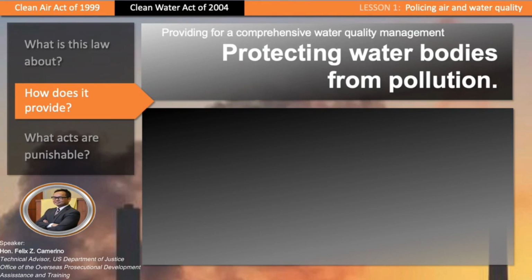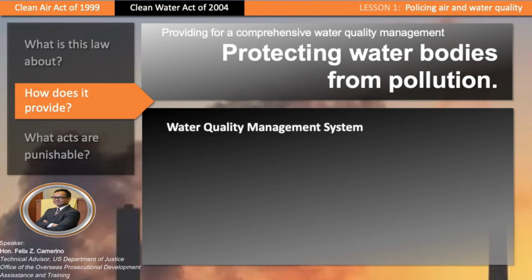Just a quick point: this is going to be a relatively quick discussion, only because everything in the Clean Water Act is not that different from the Clean Air Act in terms of the particular requirements the law has set in order to deliver on its objectives. So we'll just breeze through it and identify what is possibly unique or worthwhile mentioning. With that, let us proceed.